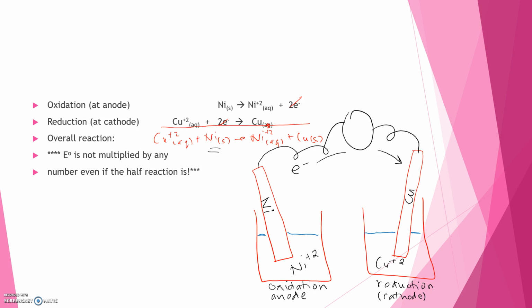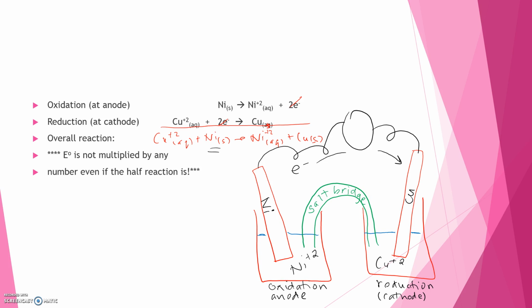Now, you learned circuits, and we know, so in order to have a complete circuit, we need to complete this circuit, because it is certainly not complete. So my electrons could flow this way, but they're just going to get built up over here, and that's not going to happen. So we need a complete circuit. In order to complete the circuit, we need to put something here to connect these two, and we refer to this as a salt bridge.